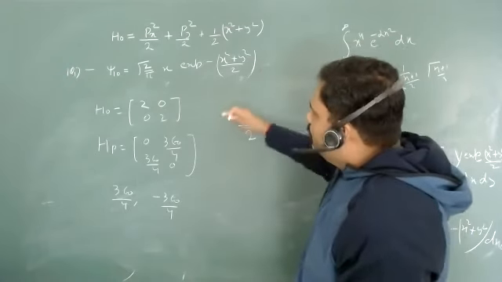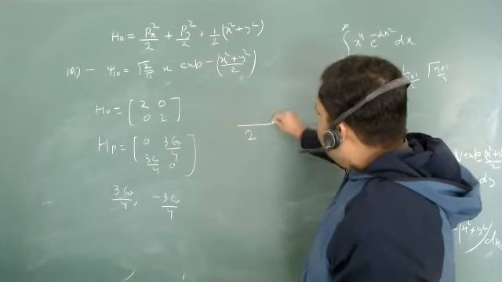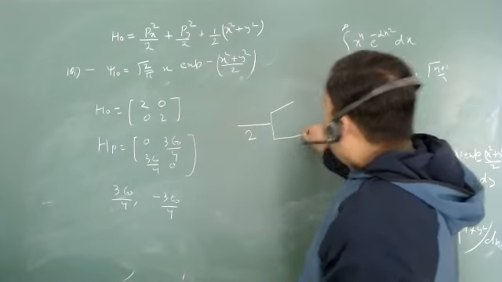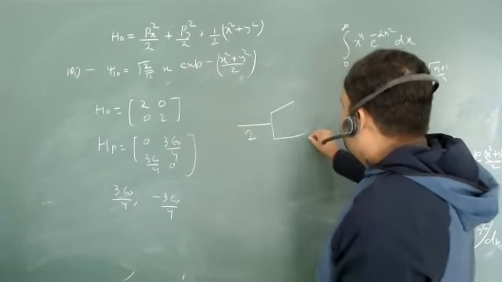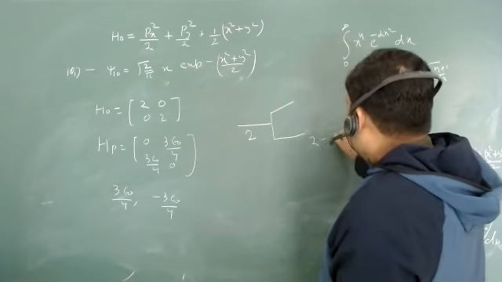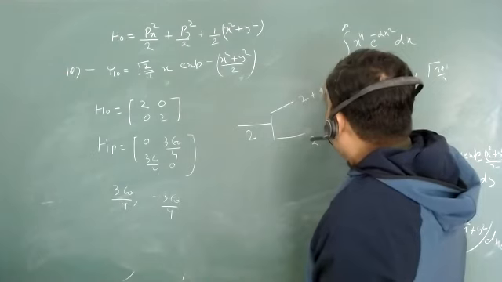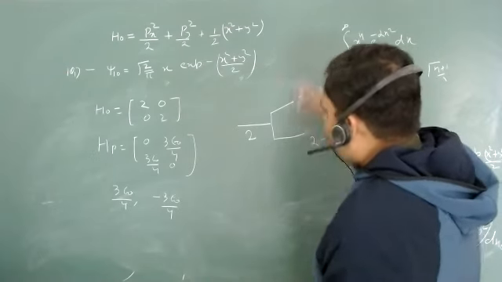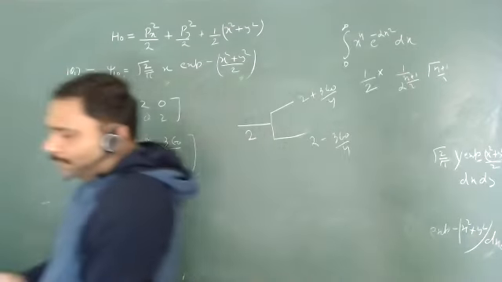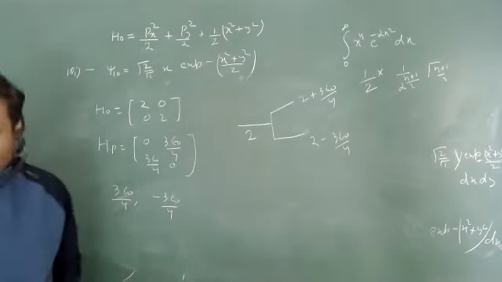Once we give this perturbation, then what will happen? This energy level will break into two parts. So this value will be 2 minus 3 epsilon naught by 4, and this value is 2 plus 3 epsilon naught by 4. So it is just breaking into two parts. So it will be again completely broken.